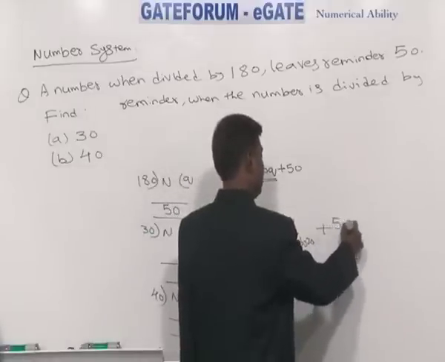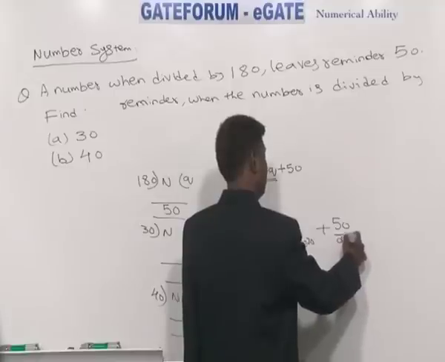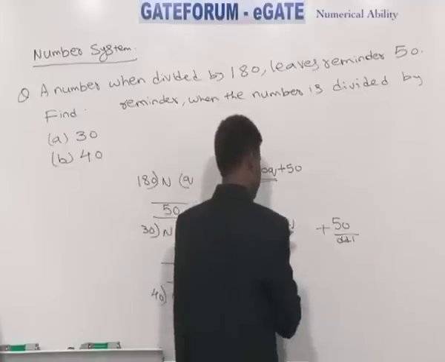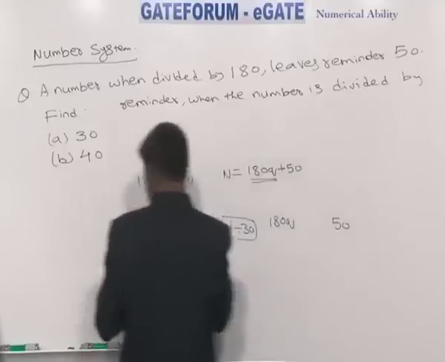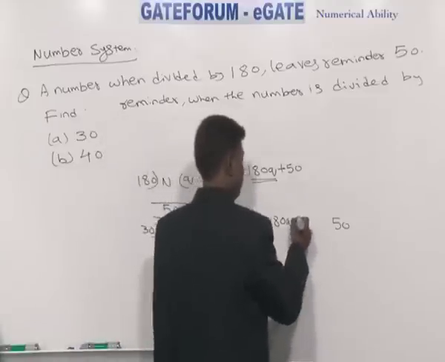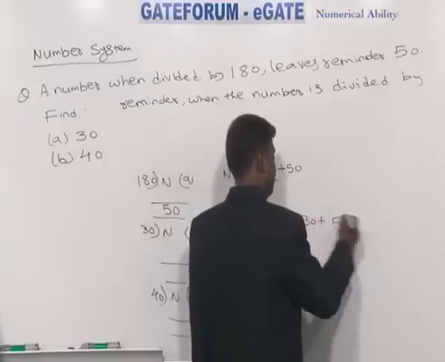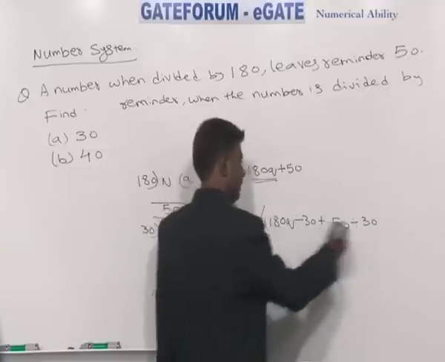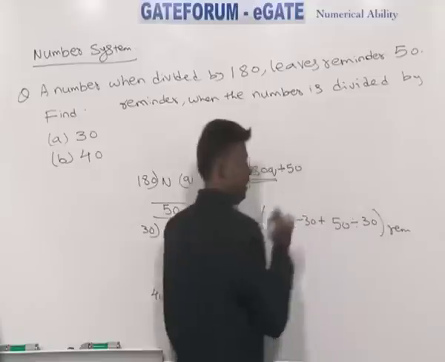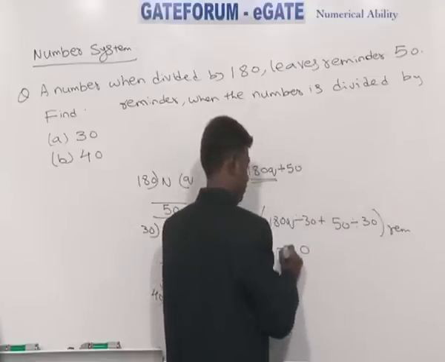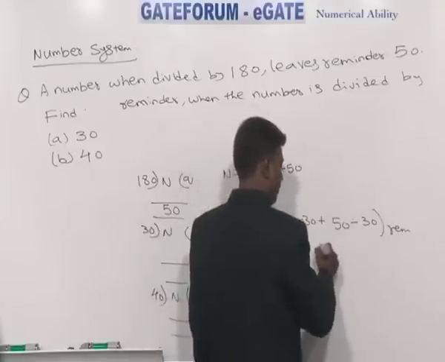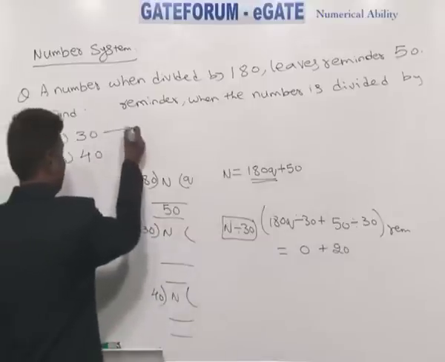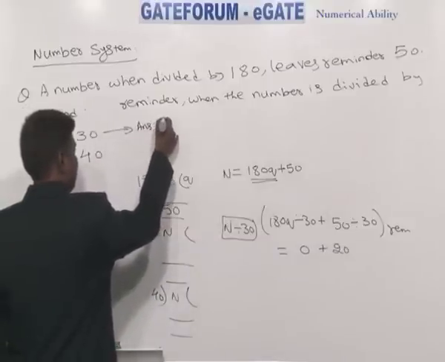Whereas this part: 180q divided by 30 plus 50 divided by 30. We want remainder. 180 when divided by 30, you get remainder 0. 50 when divided by 30, you get remainder 20. So for A, the answer is 20.